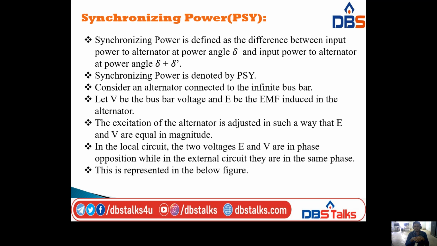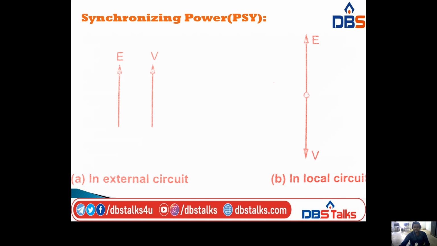In the local circuit, the two voltages E and V are in phase opposition, while in the external circuit they are in the same phase.